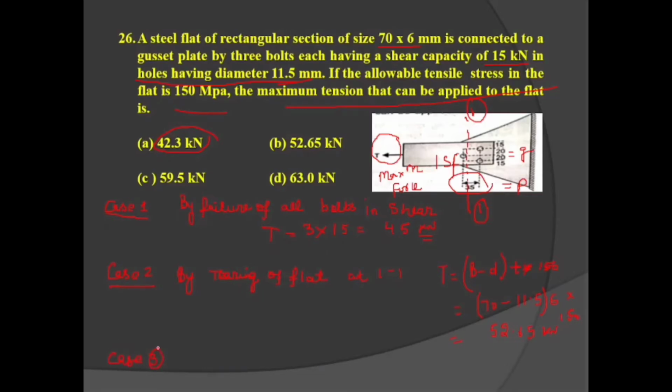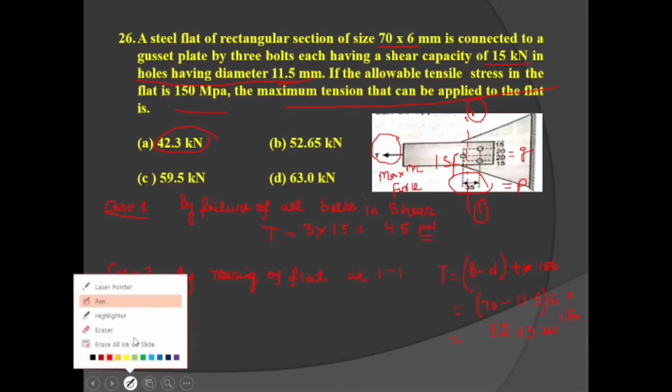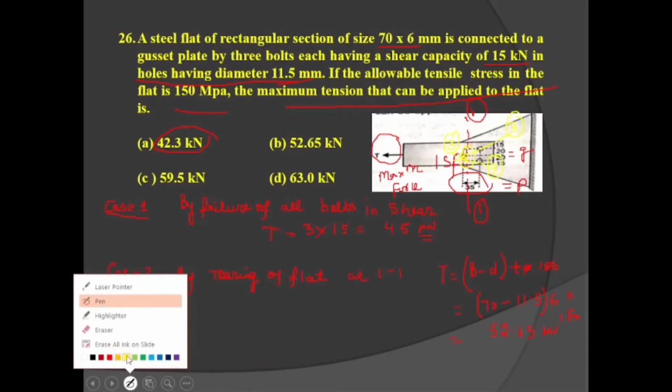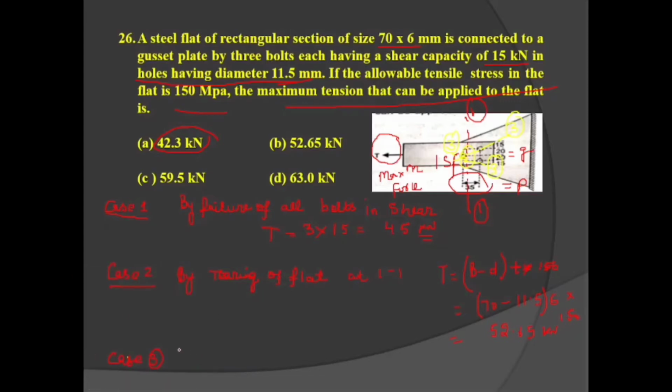If failure happens likewise this, or along this section or this section, this is our section number 3.3. So failure may happen along any kind of section. Please be careful. Section may fail along any kind of failure.